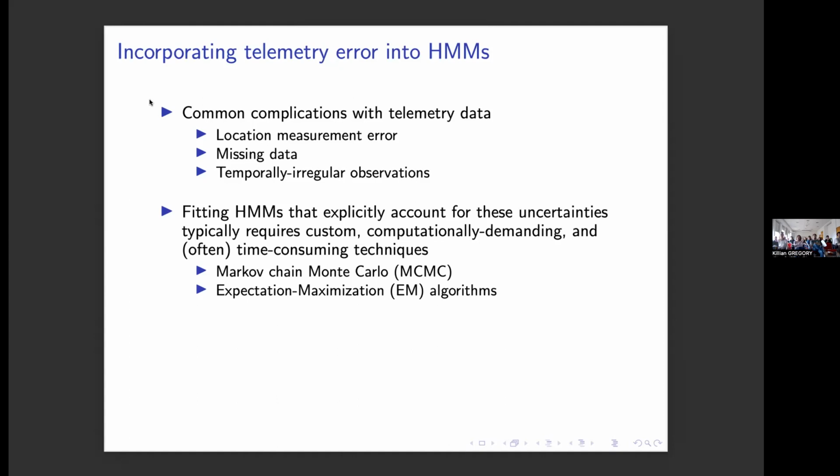The reason is that with these complications, you often had to use difficult and very computationally demanding methods like MCMC to fit models like this, or use something like an EM algorithm. That was a big part of the motivation for the multiple imputation approach, so you wouldn't have to go down these routes.